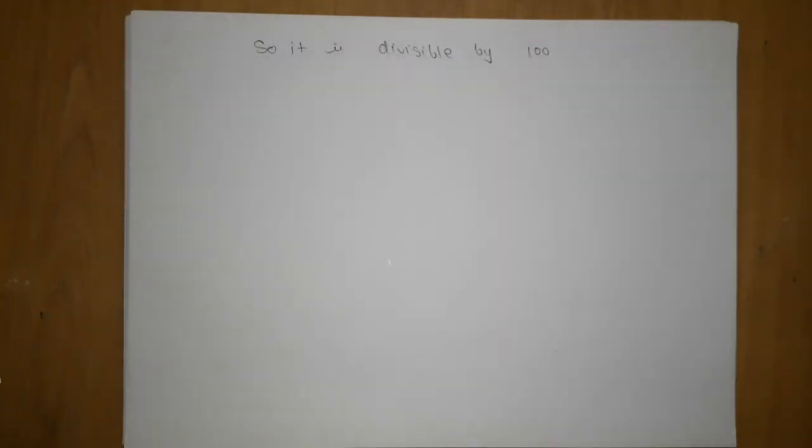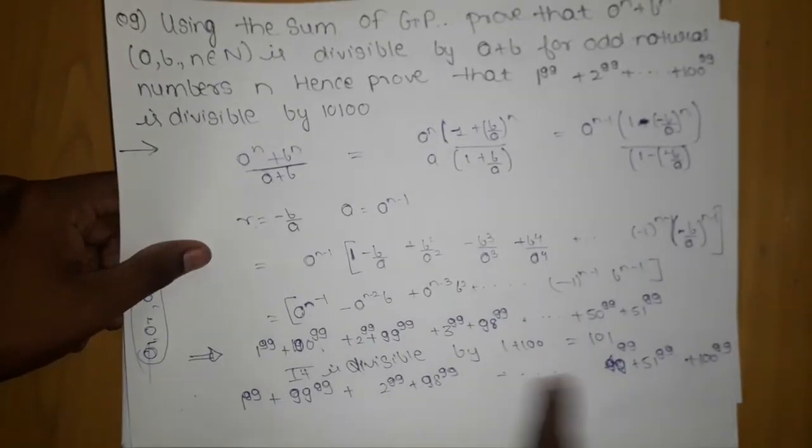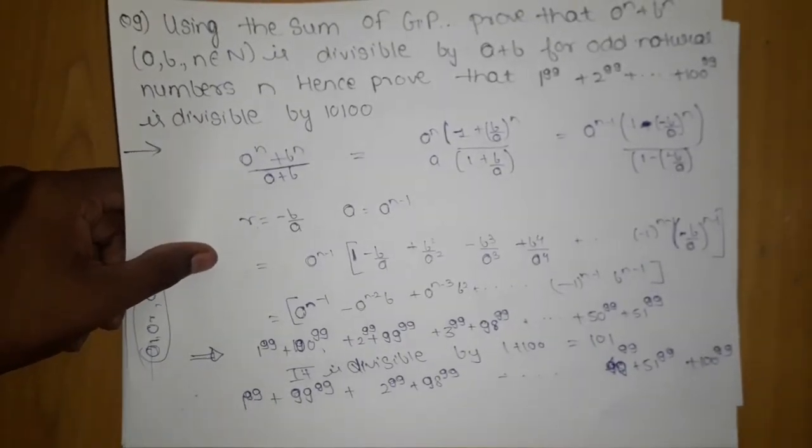Further on, we have studied this in AP: if there are two series with some common difference each, and we get a third series, and they tell us that there are some common terms between them, to find the common difference of that common term series, you take the LCM, the lowest common multiple, of both. Similarly here, one sum has some divisor, another has a divisor.